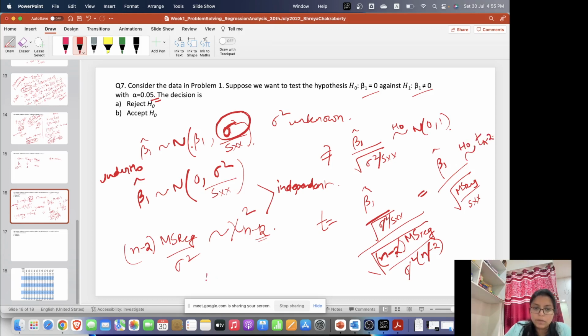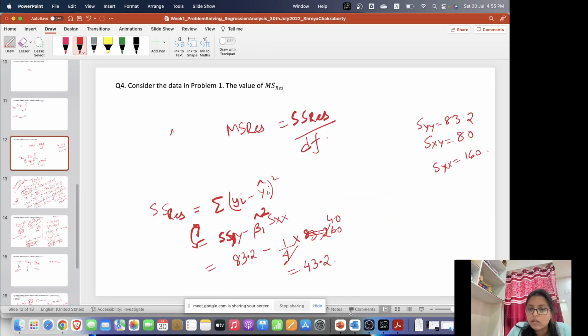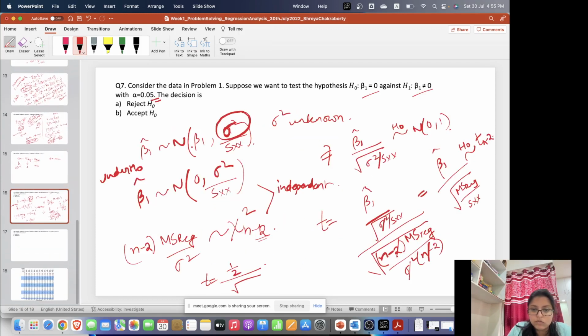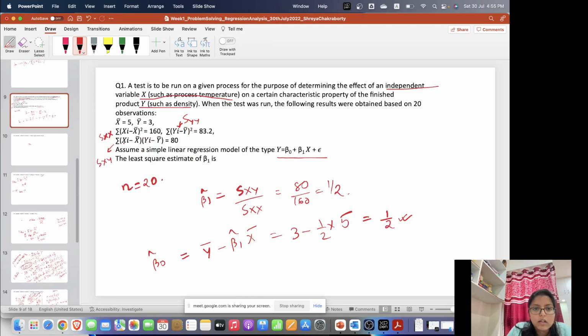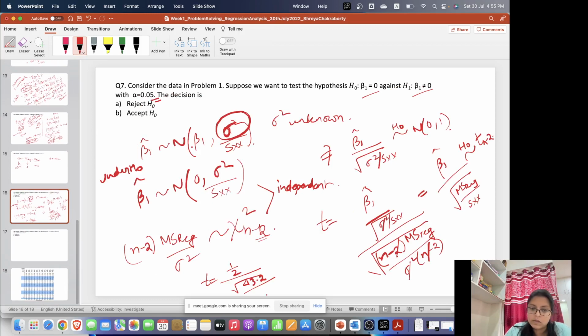So if we have to compute the t statistic, what do we have? Beta 1 hat was half. MS was how much? 43.2. This is 43.2 divided by Sxx. Sxx was 160. So what is this value?